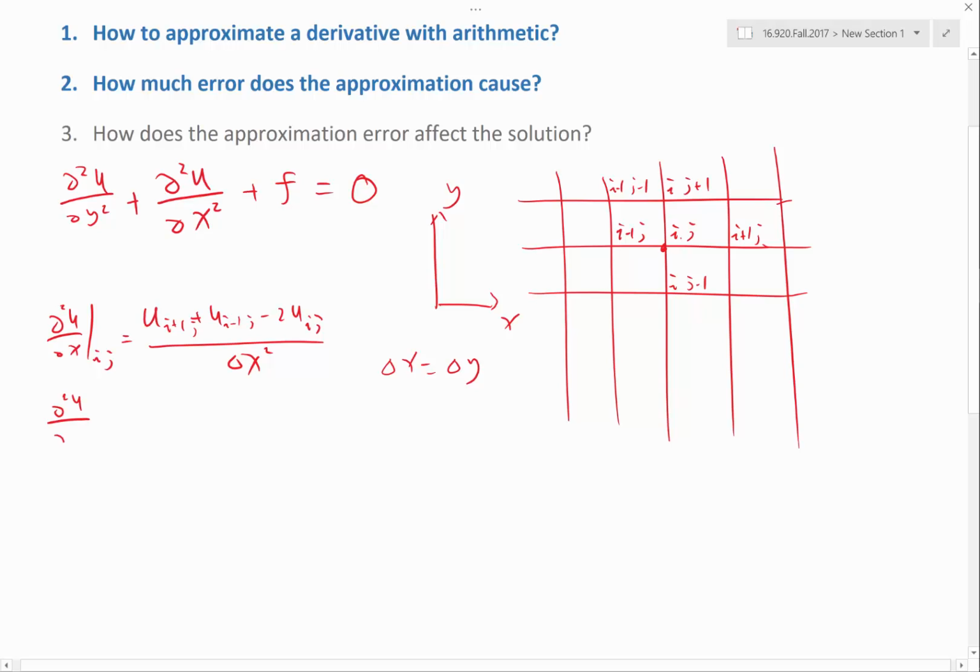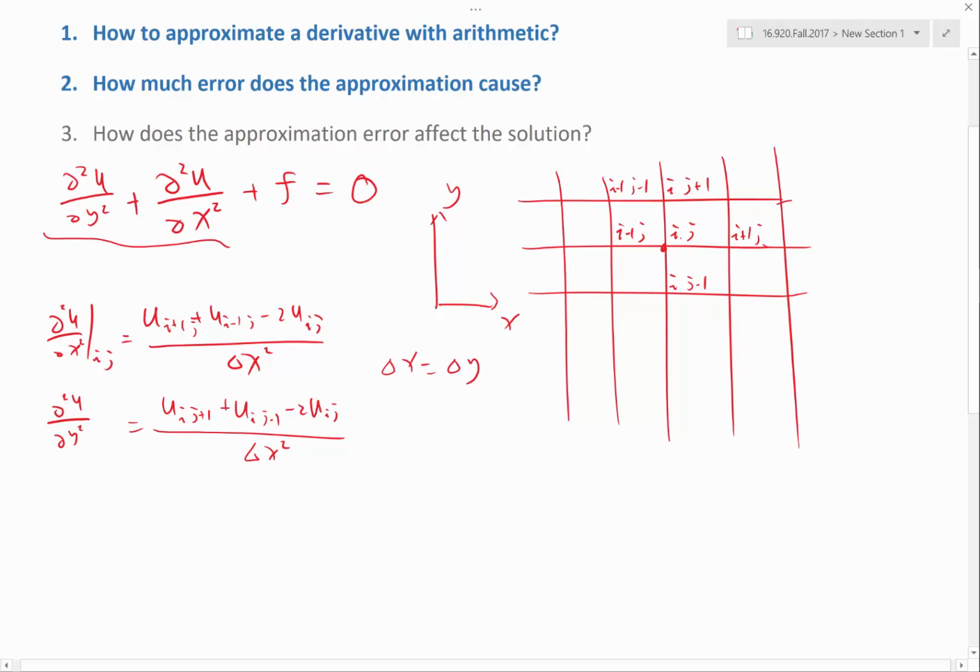Then my ∂²u/∂y² is going to be pretty much the same thing, except j is going to be the one that has plus 1 and minus 1 in it. So add these two together, it's going to be the Laplacian operator for two-dimensional solutions. So this is the Laplacian for u.